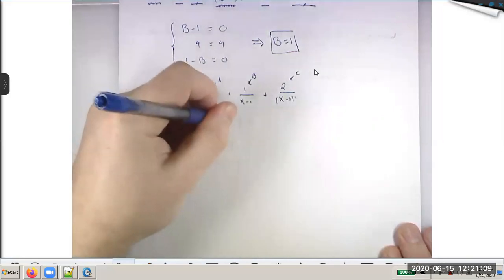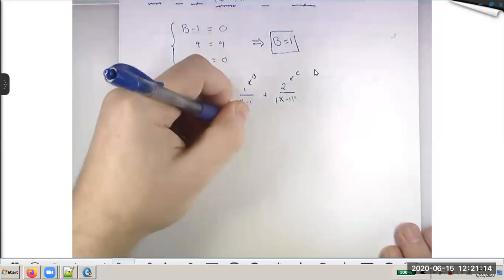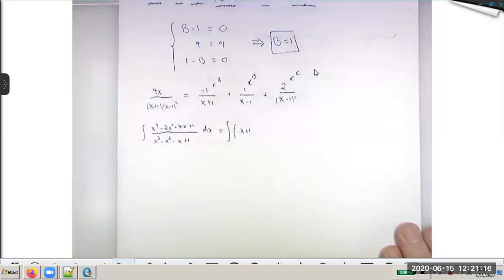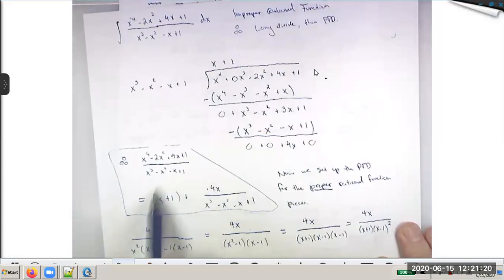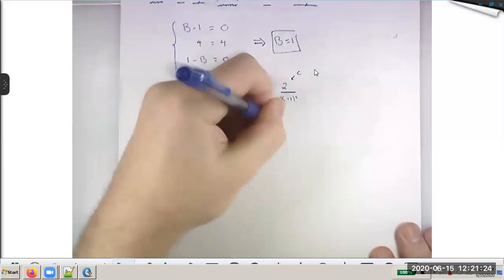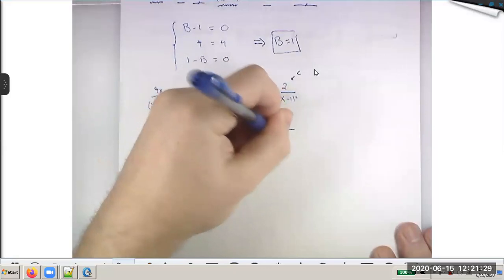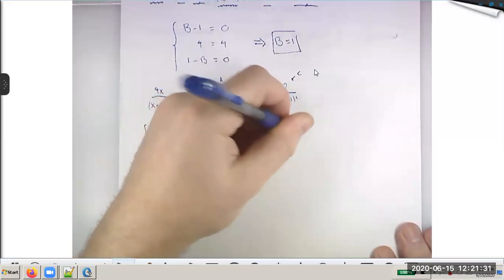We said by long division, that's equal to, what was it, x plus 1. Right, this was our output from the long division, so I'm just going to put this in, plus 4x over x plus 1 times x minus 1 squared.